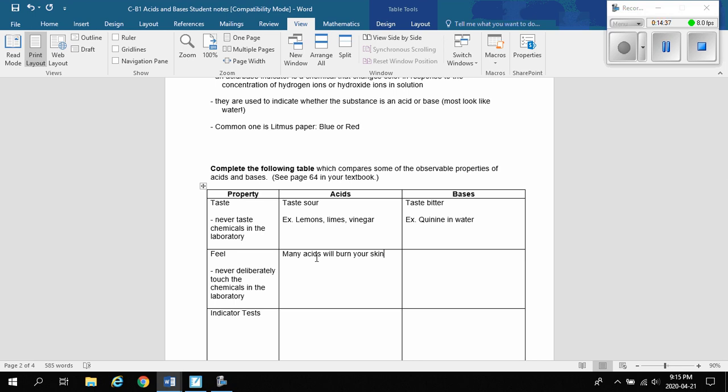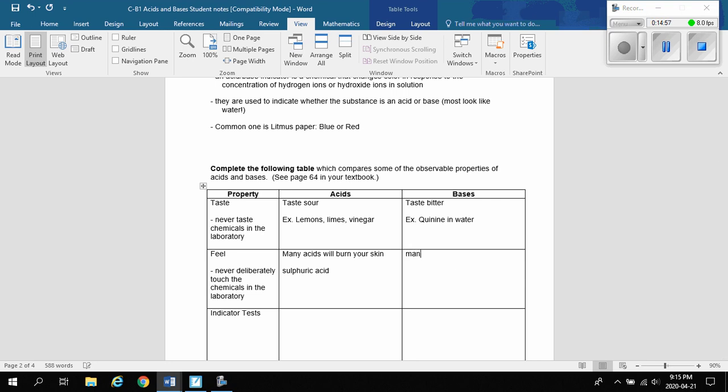You won't really notice it. But again, if you get battery acid, something with a really low pH, it's very corrosive to your skin. If you have some of the acids that we have in the lab, like sulfuric acid, that will definitely burn your skin real good.